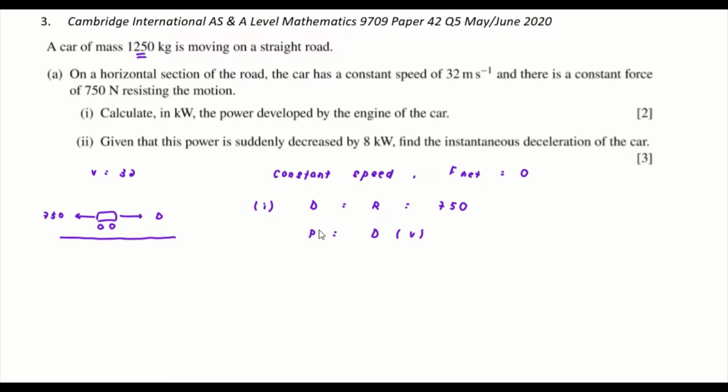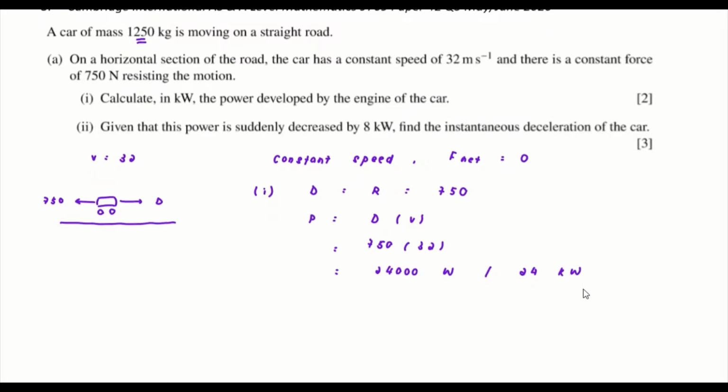So you can use the driving force multiplied by the velocity. It's equal to 750 multiplied by the constant velocity, which is 32. So from here, you'll be able to get 2400 watts, which if you want to change it to kilowatts, then it will be 24 kilowatts. Okay, so that's part 1.